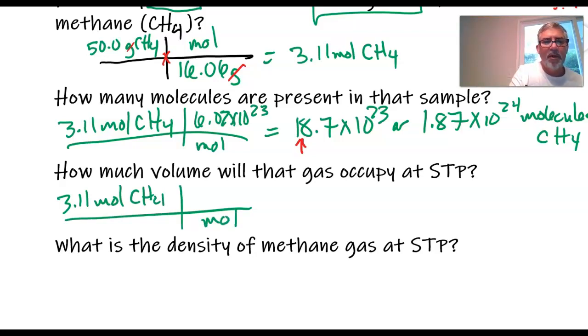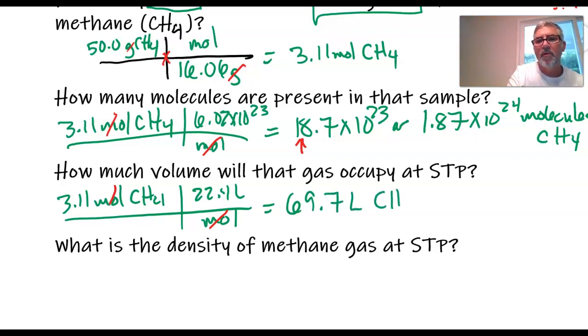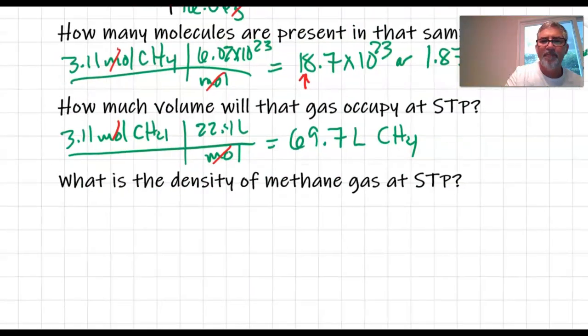I'll keep my mole on the bottom because my mole's in the bottom, I can get rid of it. My 22.4 liters. And I end up getting 69.7 liters of methane.